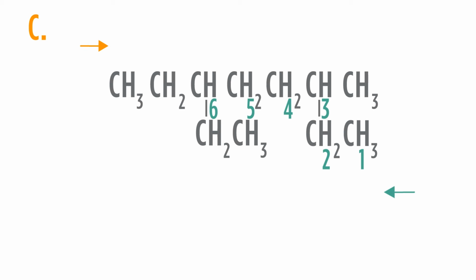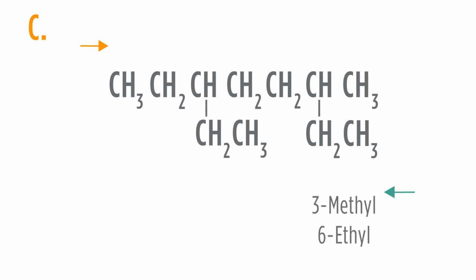Now this one's interesting. Let's evaluate this carefully. We have a 3-methyl and a 6-ethyl. The other direction, we have a 3-ethyl and a 6-methyl. Our numbers are the same. So what's going to rule this if the numbers are the same?